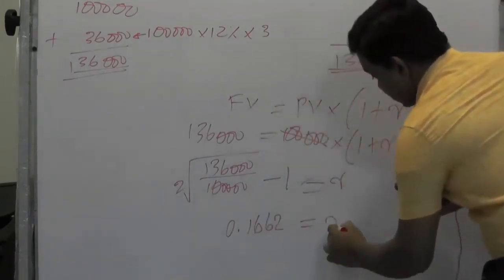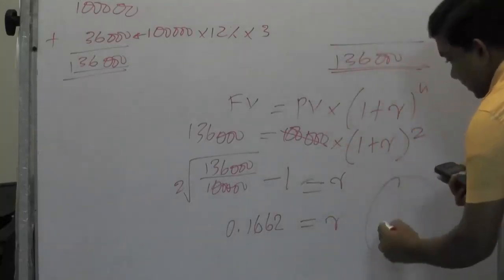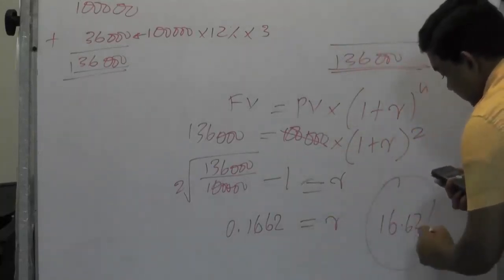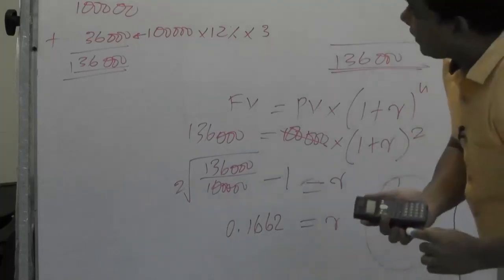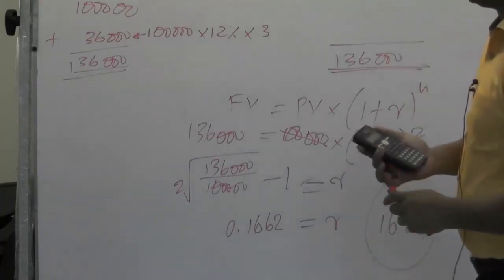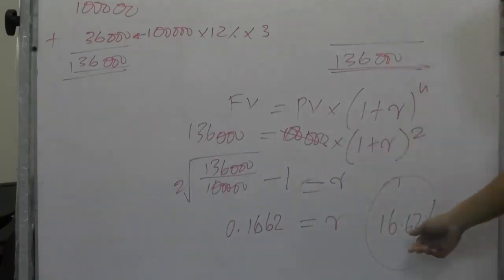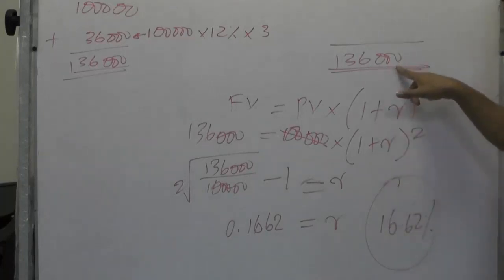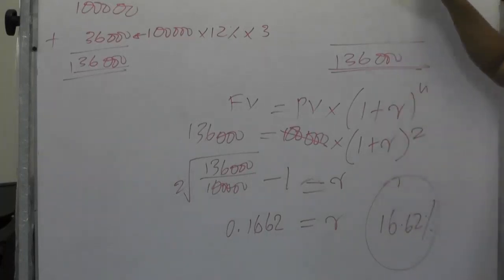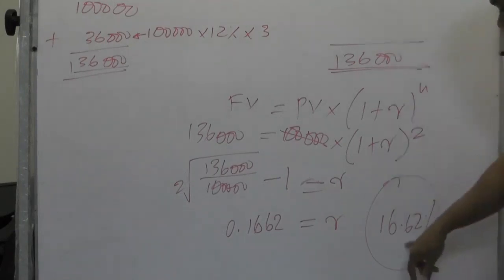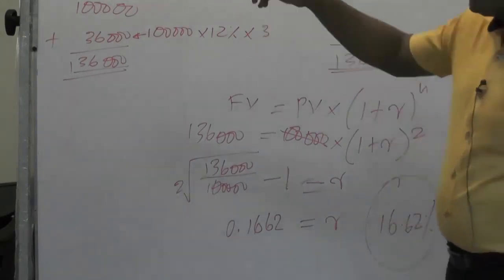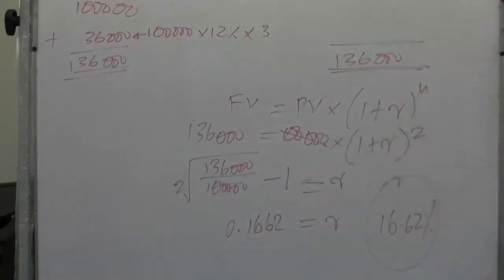Therefore, as a percentage, you can say the answer is 16.62. That answer appears in the answers list, that is answer B. Therefore, the interest rate to have this amount at a compound interest rate after 2 years, once you invest 100,000, would be 16.62. That is answer B for question number 4.